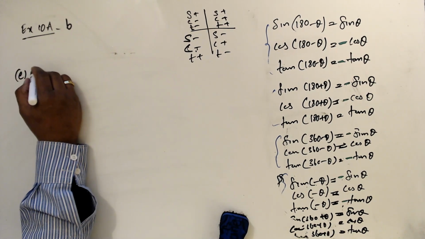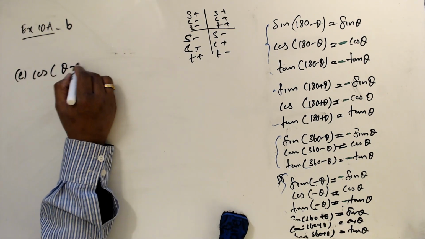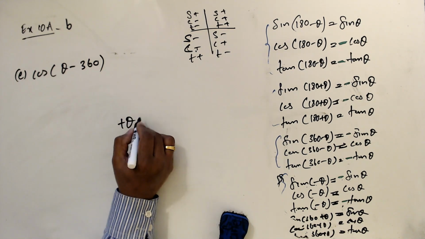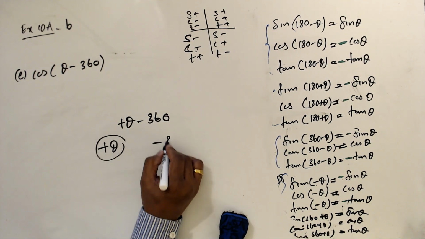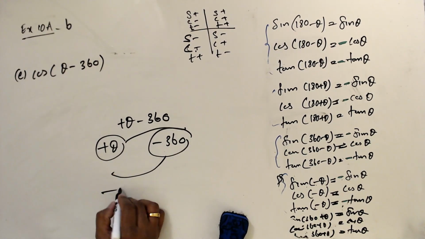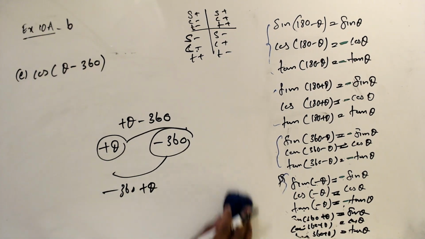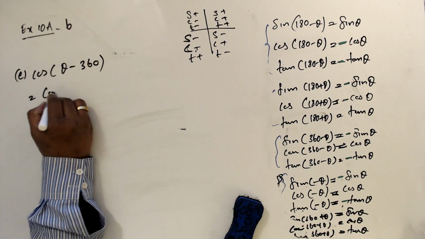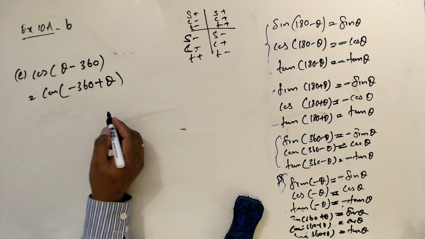E: cos theta minus 360. So plus theta minus 360. I break this one up separately, then I interchange. So minus 360 plus theta. So this is going to be cos minus 360 plus theta.